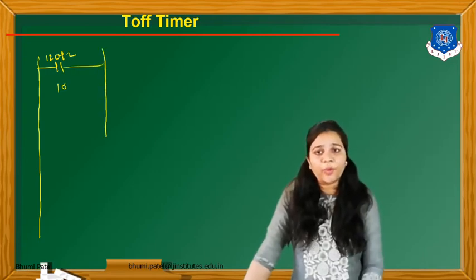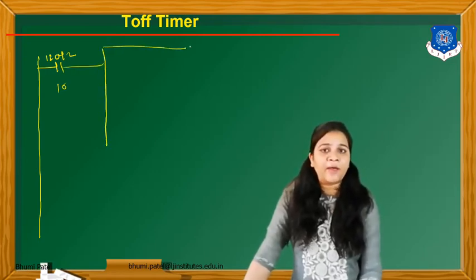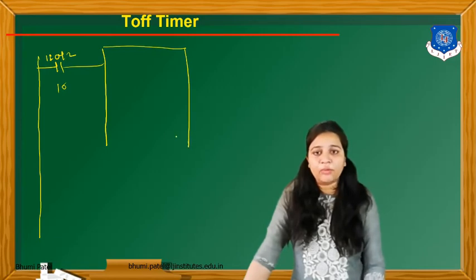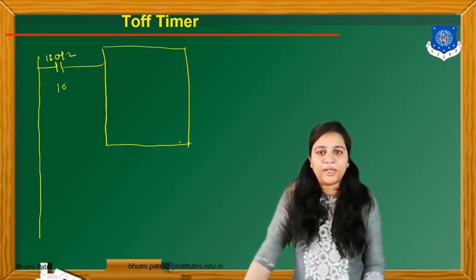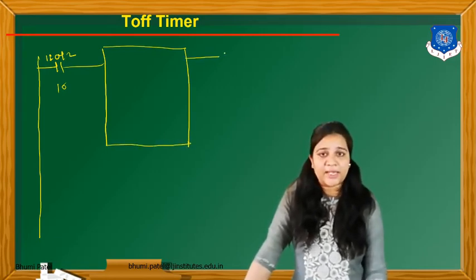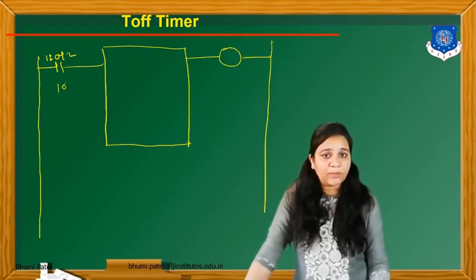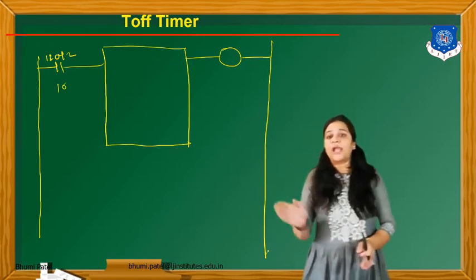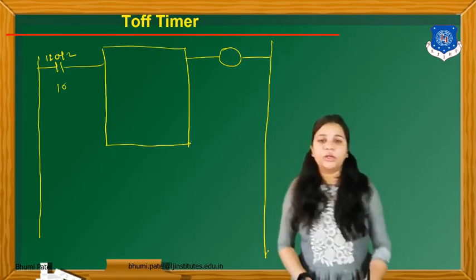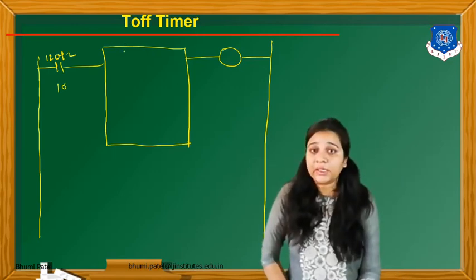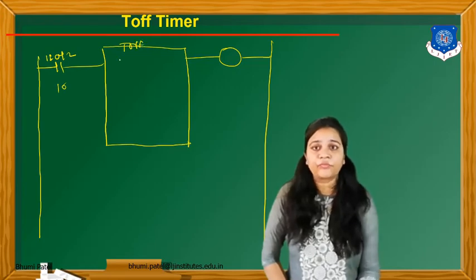This is just the format of the software, so you don't have to worry about this name. You can write any name like this, suppose IN01, ABC. Depending upon the application or the program, you have to write the name for this particular timer. So here we use the T off timer, off delay timer.